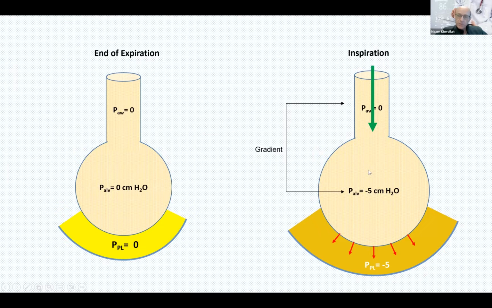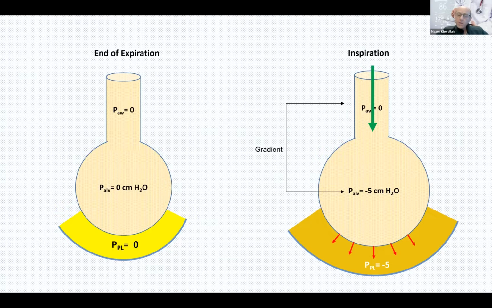The magnitude of this flow will depend on how high that gradient is. If the patient is creating a gradient of -1, -2, it will be a small flow. If the patient is able to create a gradient of -10, -15, it will be, of course, a larger flow or higher flow.